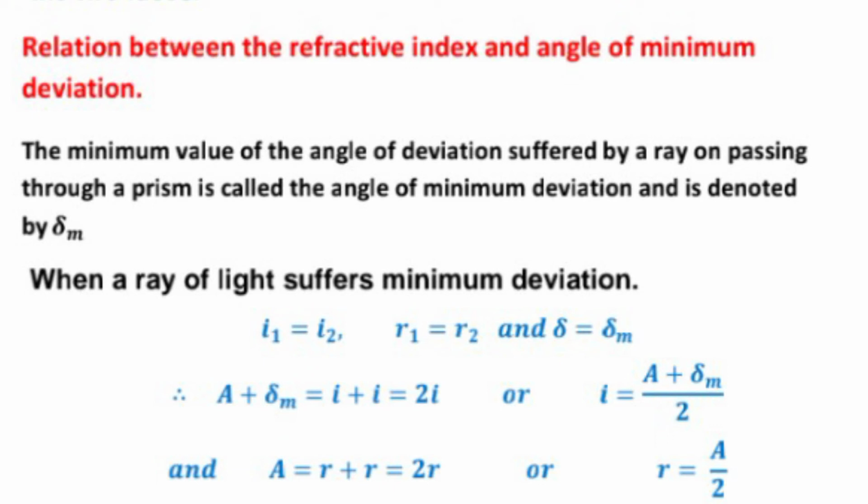When a ray of light suffers minimum deviation, I1 equal to I2 and R1 equal to R2 and delta equal to delta m. A plus delta m equal to I plus I, that will be equal to 2I. Then I equal to A plus delta m upon 2. And A equal to R plus R, that will be equal to 2R. Then R equal to A upon 2.